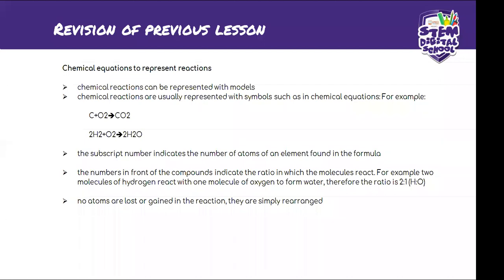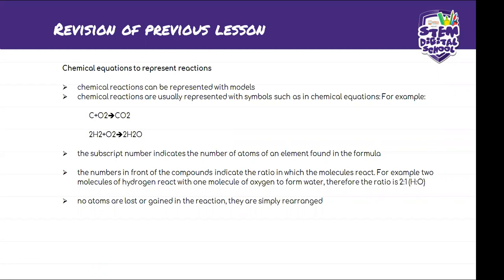The subscript indicates the number of atoms of an element found in the formula, and the numbers in front of the compounds indicate the ratio in which the molecules react. For example, if I have two molecules of hydrogen reacting with a molecule of oxygen to form water, then the ratio is going to be 2:1.